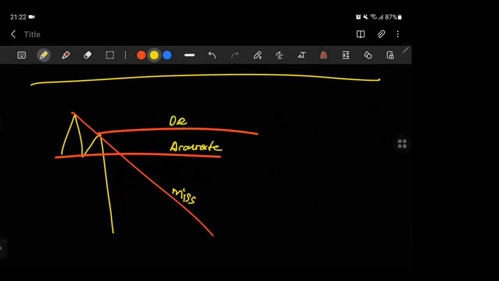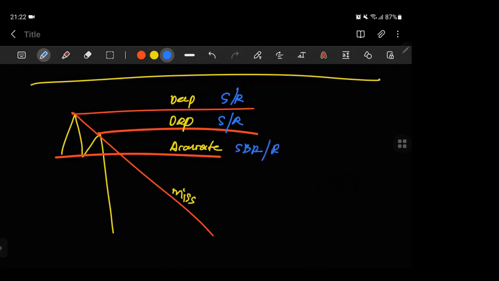This is dip. And this is also dip. So for the dip, it will happen at support or resistance. This is also the same dip. So the accurate will be at SBR or RBS.